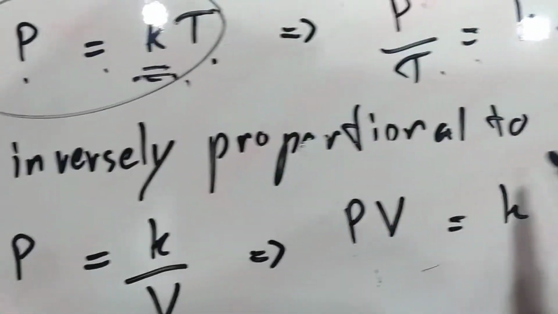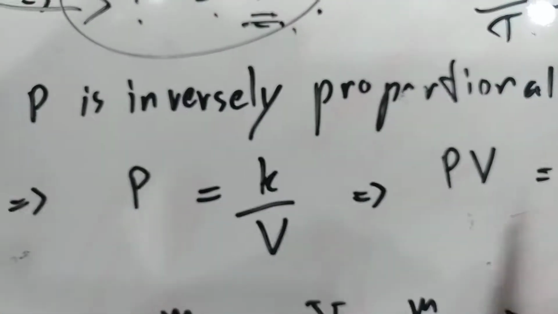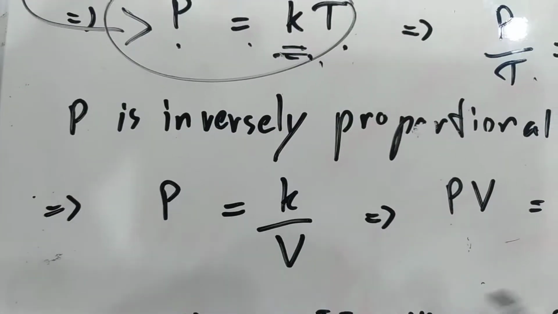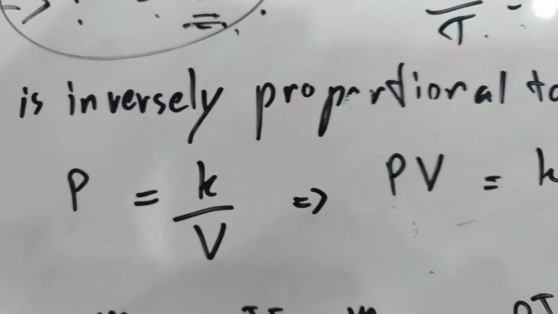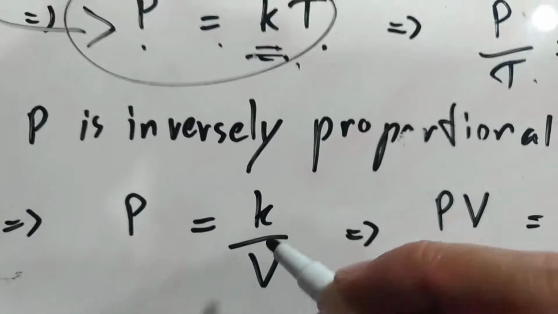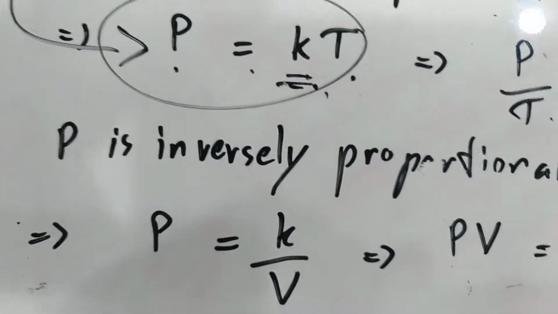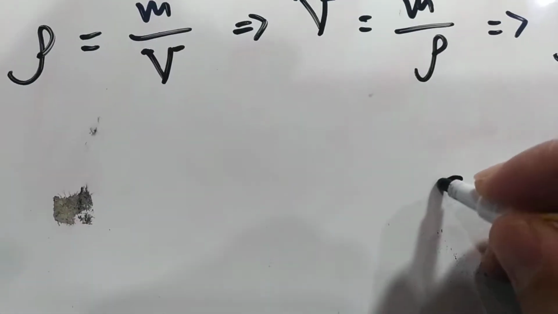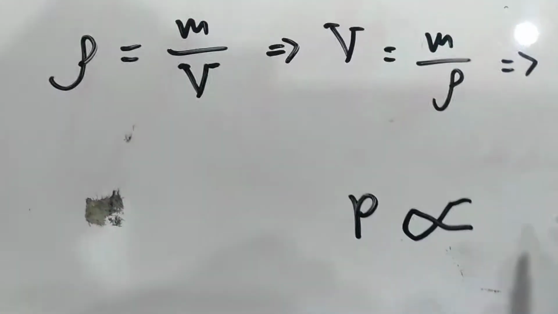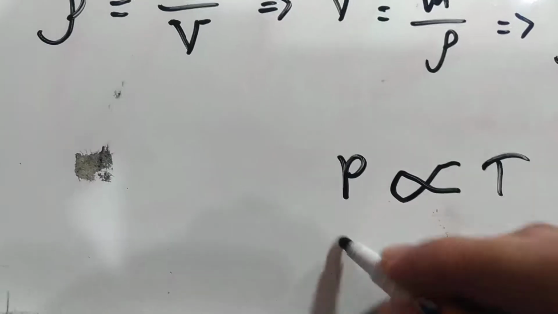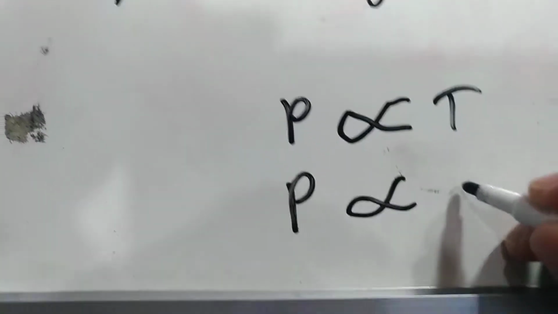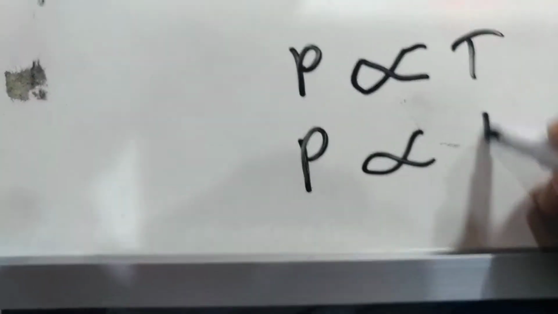P is inversely proportional to v. Inversely means one goes up, the other goes down. They have a symbol for this. I'll show you the symbol. This symbol means proportional. So P is directly proportional to t, and P is inversely proportional to v, which you write as 1 over v.